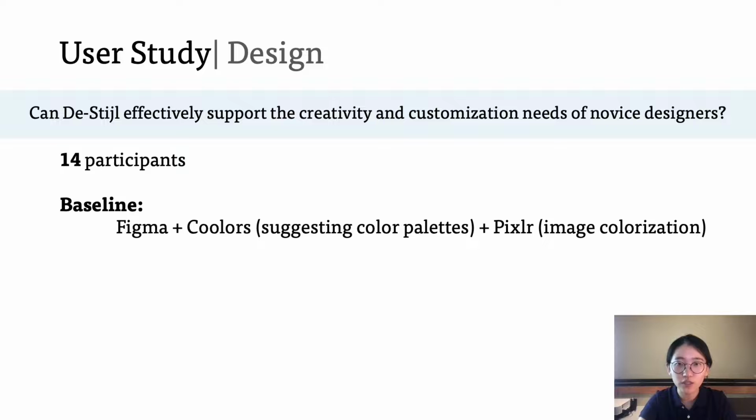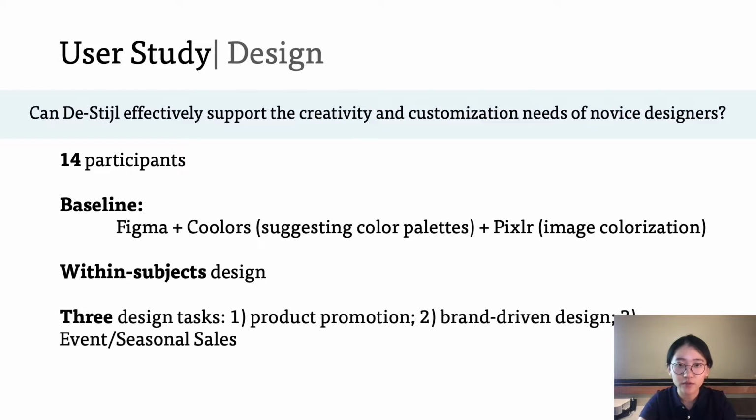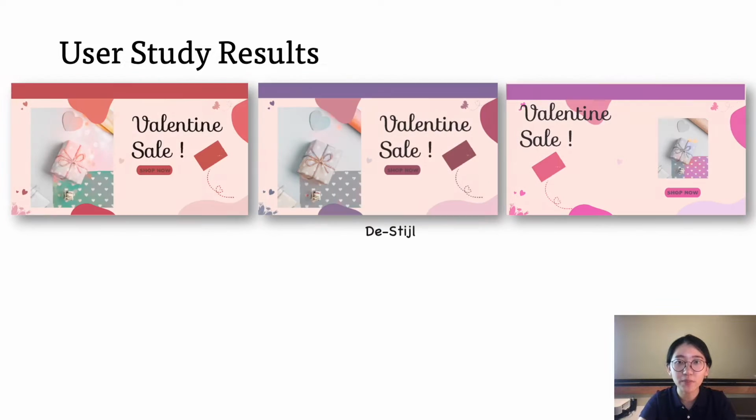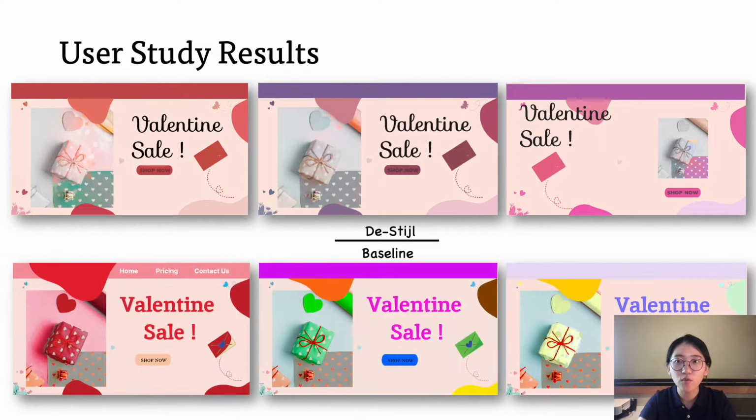These tools were close to publicly available options for accomplishing the task, but required users to switch between them for different features. We adopted a within-subject design for the study, and we designed 3 tasks for participants. After that, we had a semi-structured interview with each participant to further understand their experience. Here are some examples generated by participants using the De-Stijl system, compared with the baseline system.